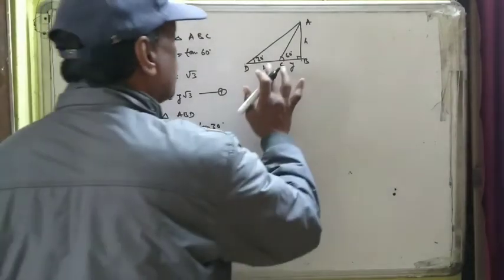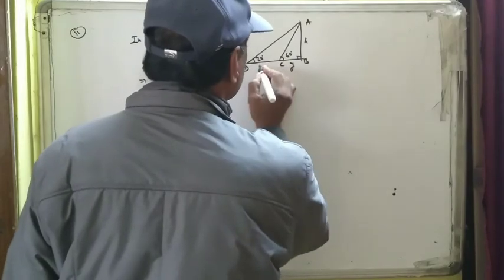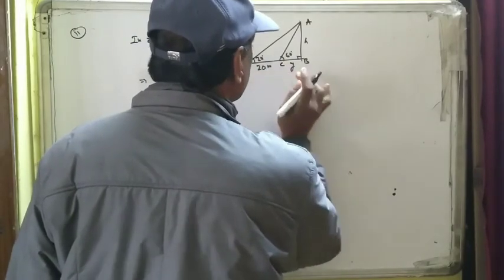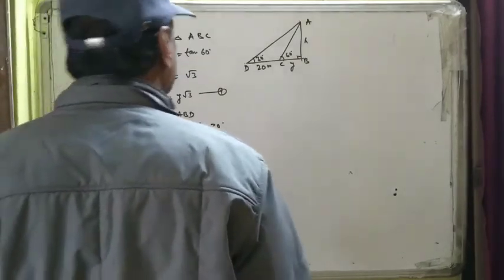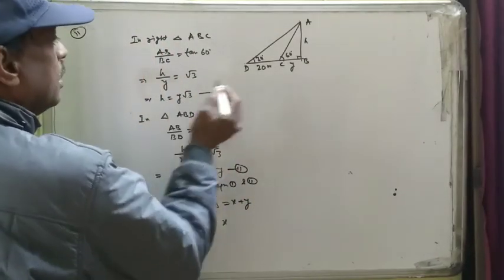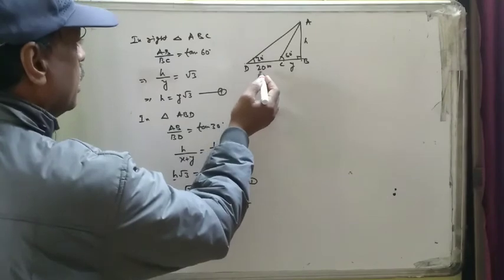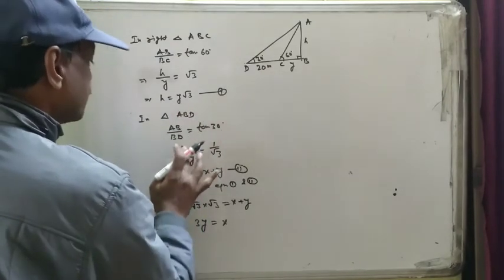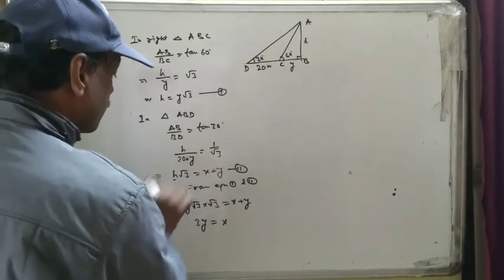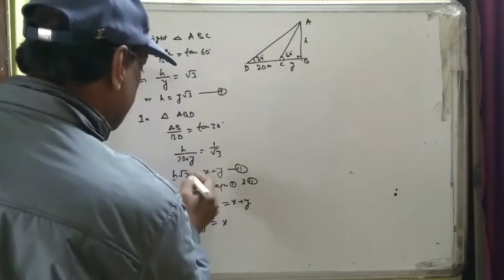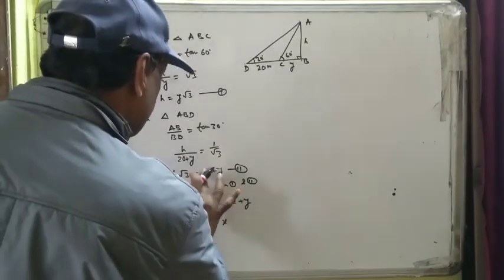This length is 20 meters. If it is 20 meters, then where we have written X, we have to write 20 there. So 3Y equals 20 plus Y.